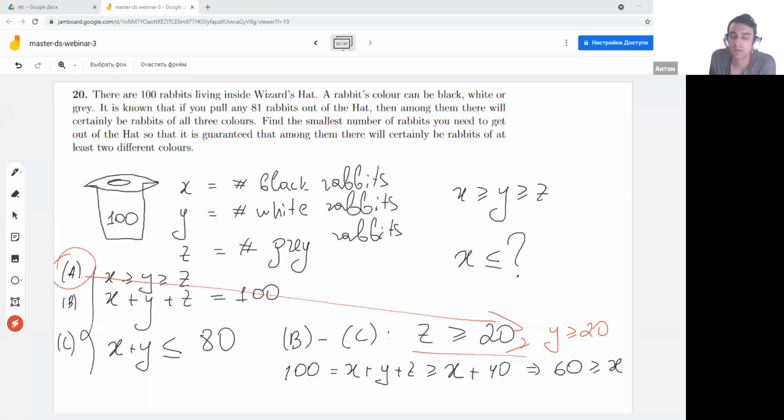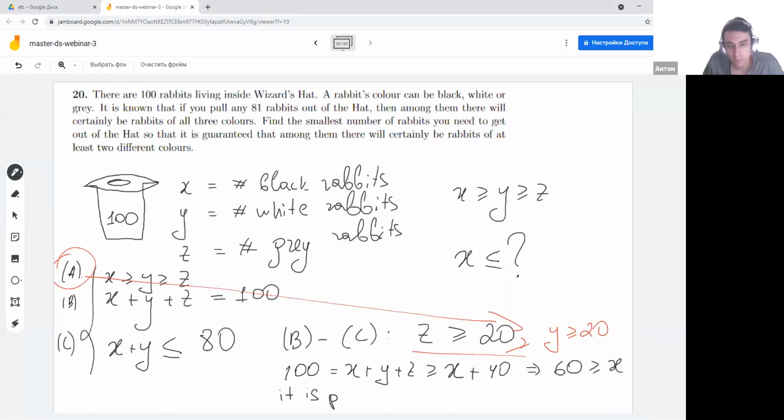Well, there is such a situation. So imagine that Z equals 20, Y equals 20, X equals 60. Then X plus Y equals 80. And so the statement is not violated, it is still true. So it is possible that X equals 60. And I'll write it here, and I hope you see it, but it will remain on the blackboard.